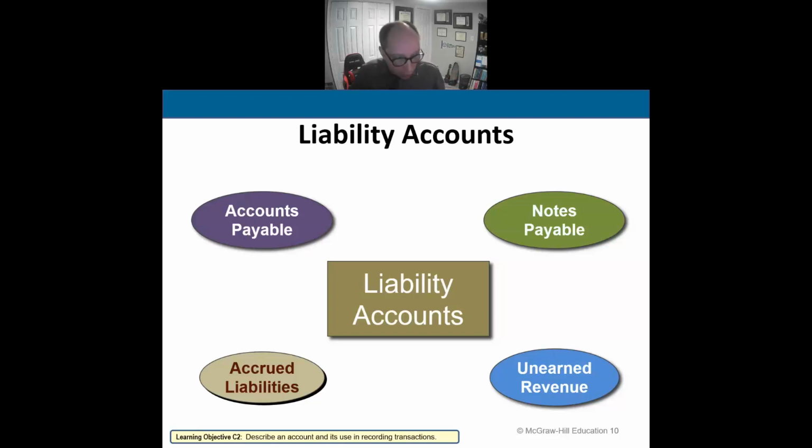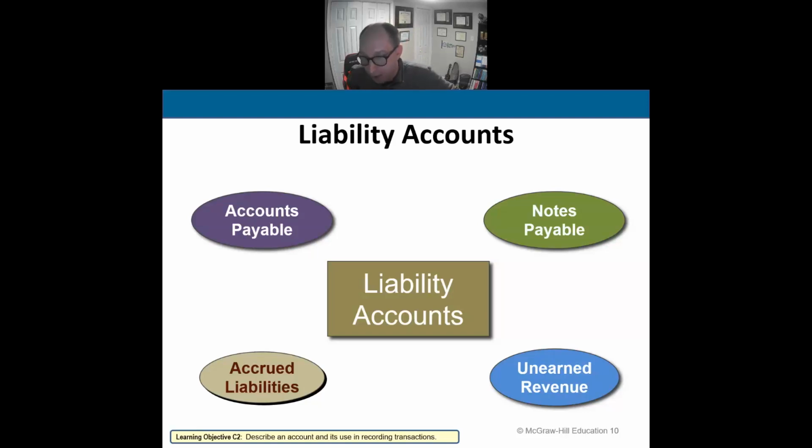Here's why. Revenue only becomes earned when you perform the good or the service. It is unearned revenue if the customer pays you before you provide the good or the service. So if we ask our customers to pay us up front, that is unearned revenue for the business. It is a liability because that customer can cancel the contract and get a refund before we even perform the service.